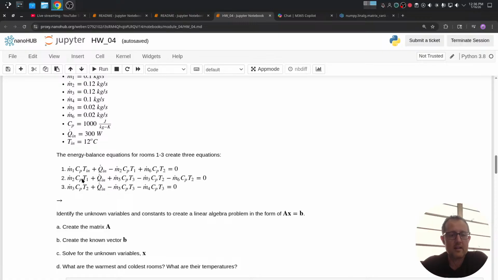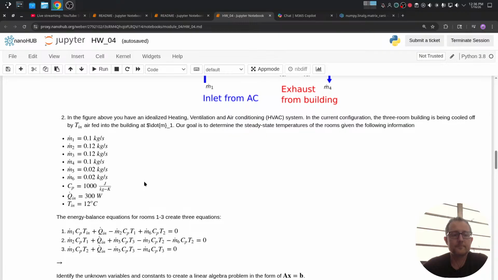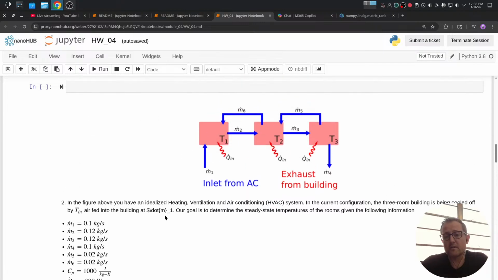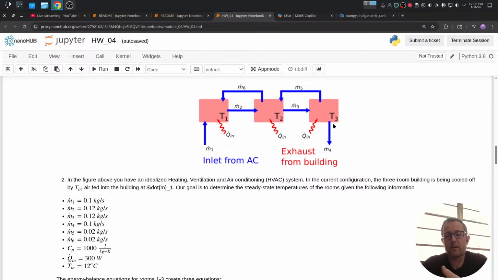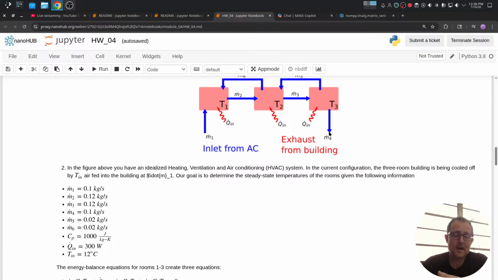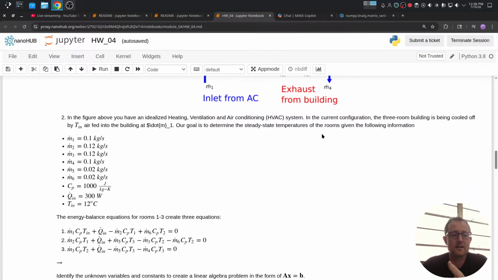So we've done a lot of the engineering work, turned it into an energy balance. And this comes up a lot, like thermodynamics and heat transfer. You'll end up with these kind of systems of linear equations that might be kind of hard to solve. Like dealing with 3 equations with 3 unknowns, it's not impossible, but it just takes a lot of effort.